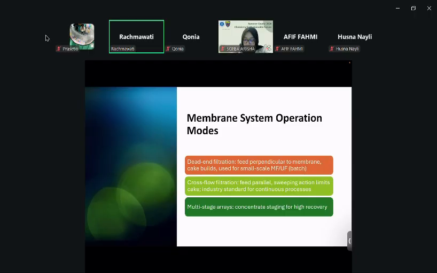And also there is cross flow filtration, in which the feed is going in a parallel flow regarding the membrane. So the sweeping of the flow will limit the formation of the cake, of the fouling on the surface of the membrane, and it is actually the industry standard for the continuous process.